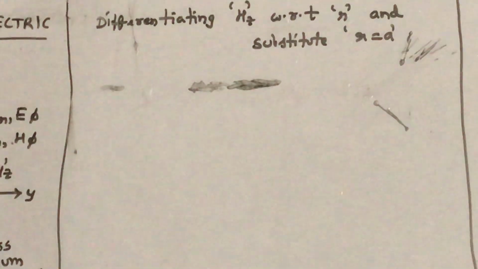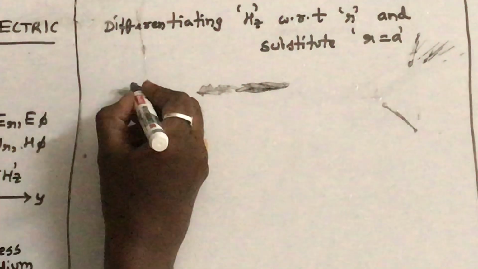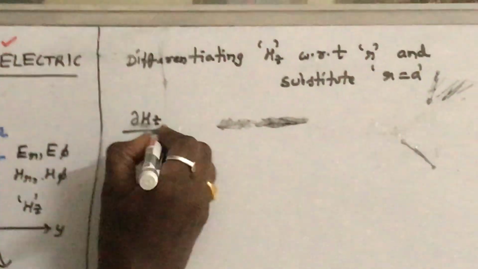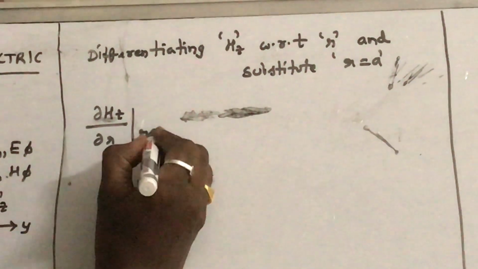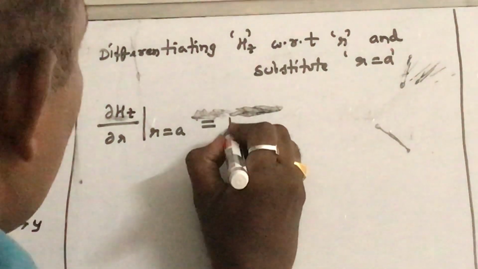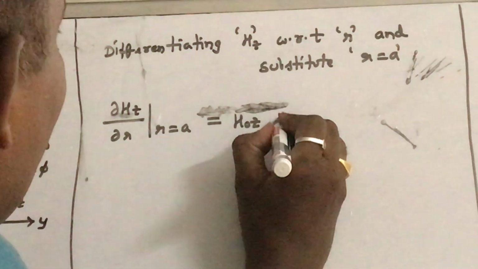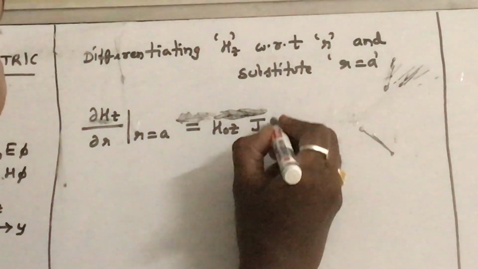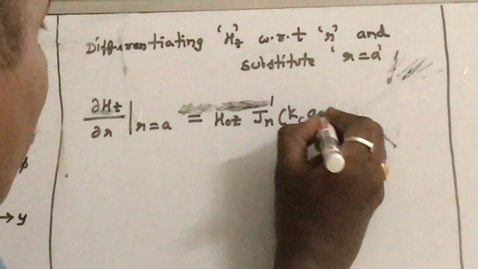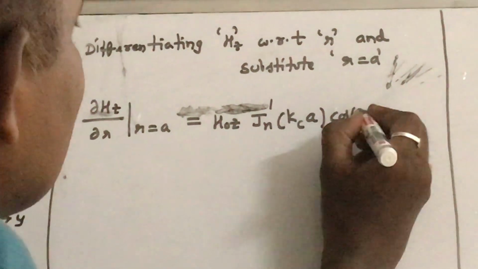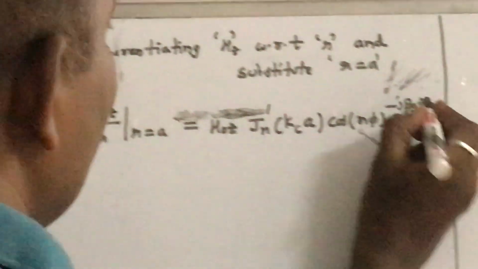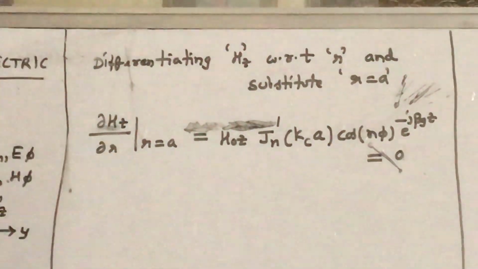So therefore, after differentiating this, we get H0Z, so ∂Hz/∂R at R is equal to A, which implies H0Z into the differentiation of Jn, which is Jn dash of Kc, and we have to substitute R is equal to A. So therefore, at R is equal to A, cos of nφ into e power minus jβg into z is equal to 0.